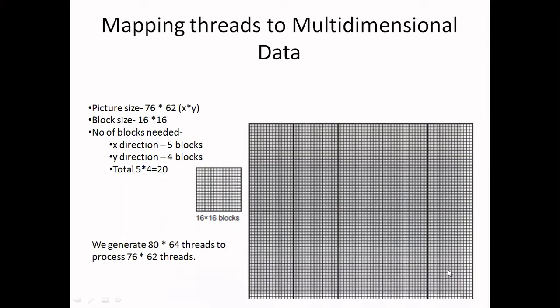But what I am saying is I have specified the block size. One block can be of 16 cross 16. So how many such blocks are needed to cover all the pixels?